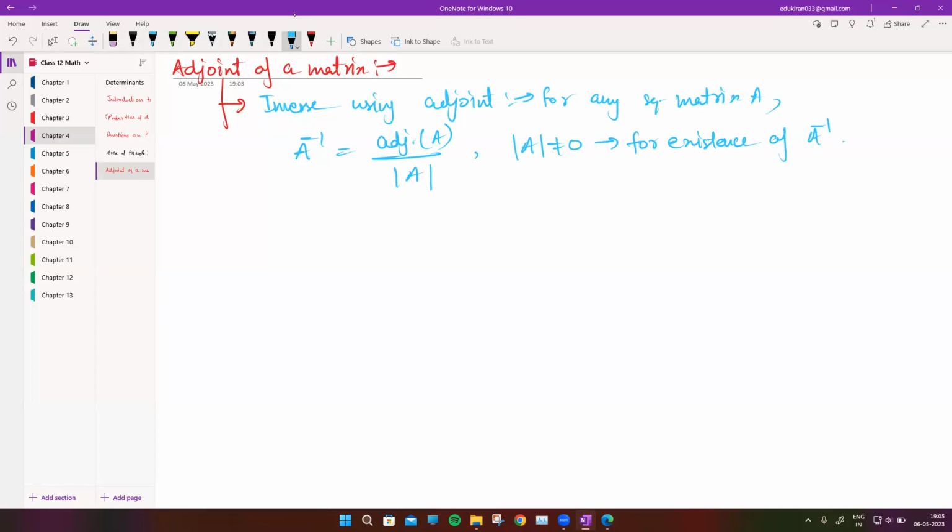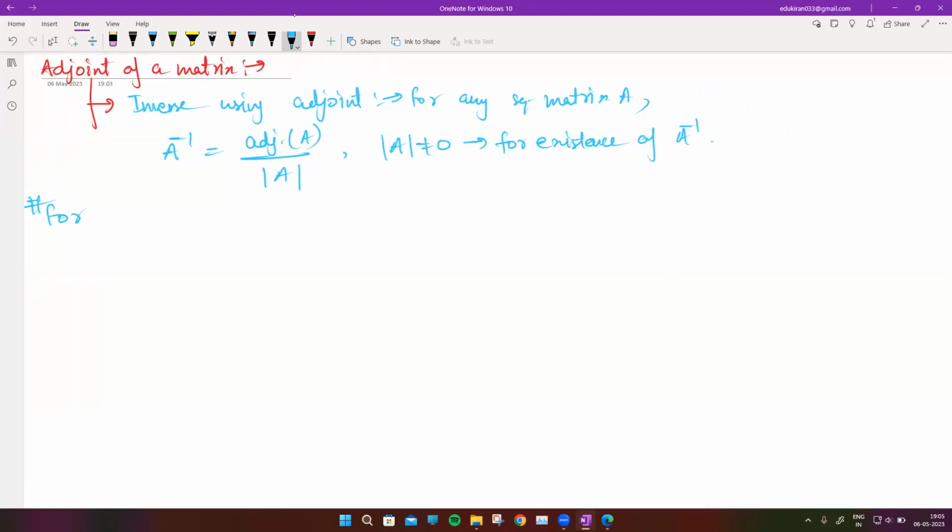Now, first of all, there's a technical term associated with it. This is for any square matrix A. If the determinant of A is equal to 0, A is called a singular matrix.